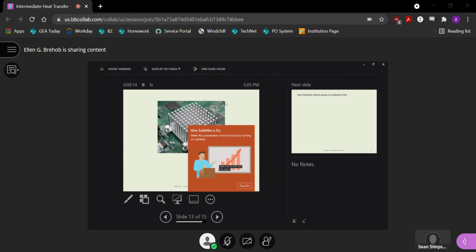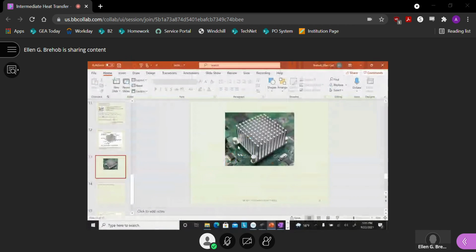Professor, we're looking at the presenter view right now, not the presented. Okay, so what does that mean to me? If you go at the top where it says display settings, I think you can flip the presenter and the presented view. So you're saying you can't see my picture right now?